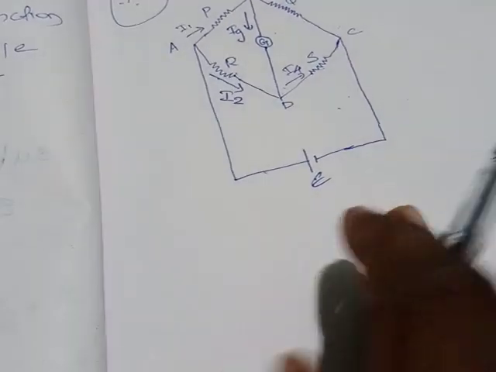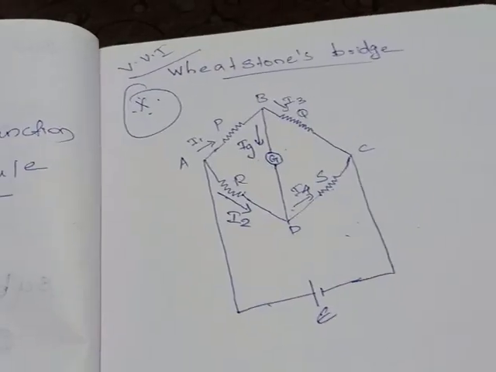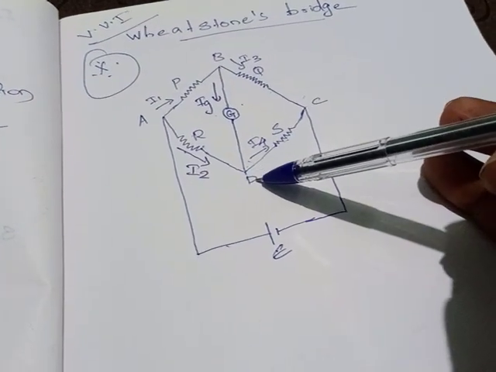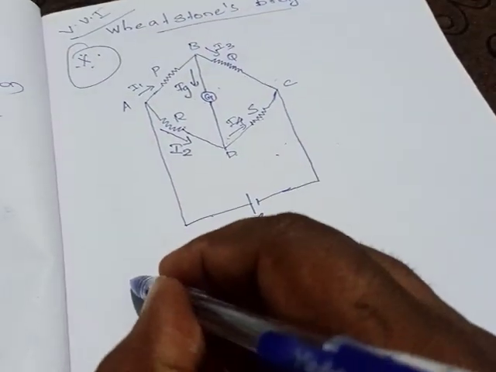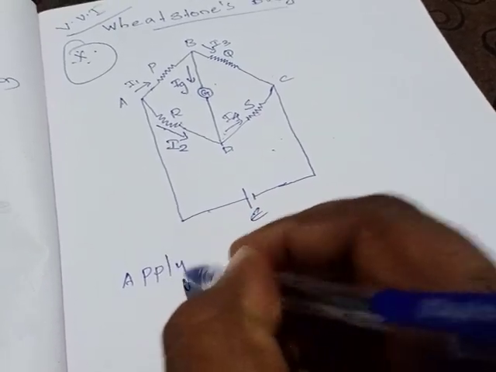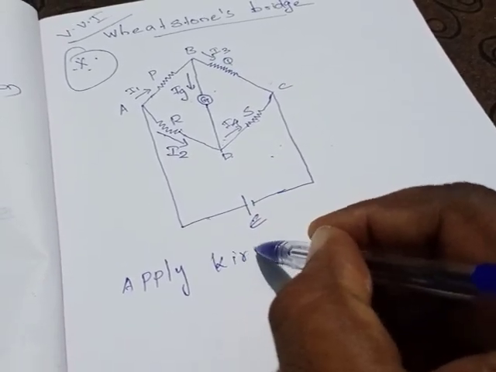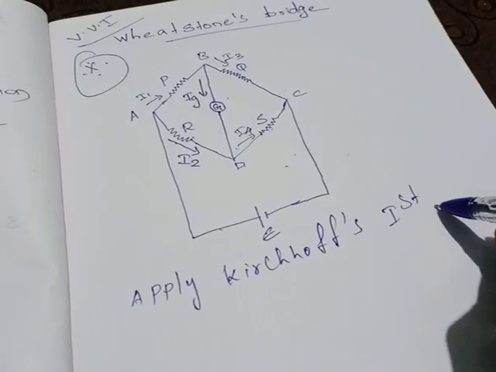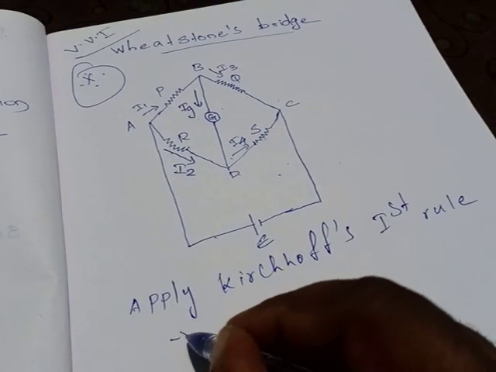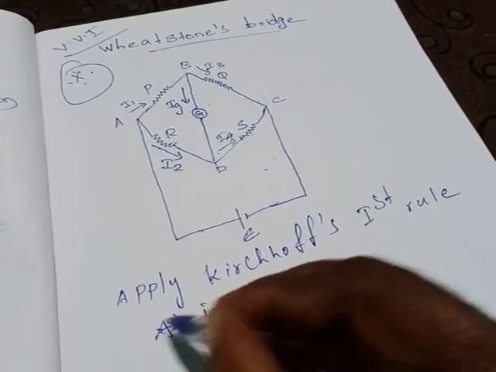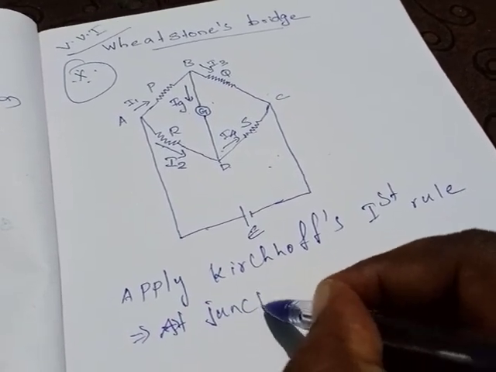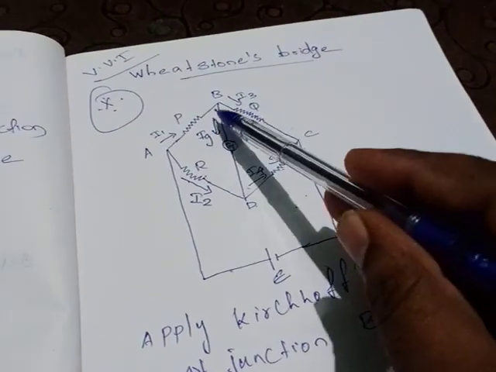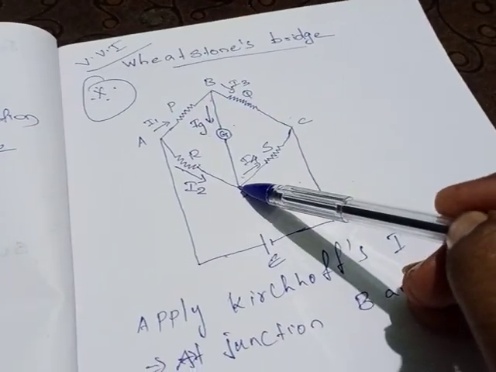The first thing is you have to apply Kirchhoff's first rule at junction B and junction D. It is very important to apply this. At the B junction and the D junction, we are applying Kirchhoff's rule.